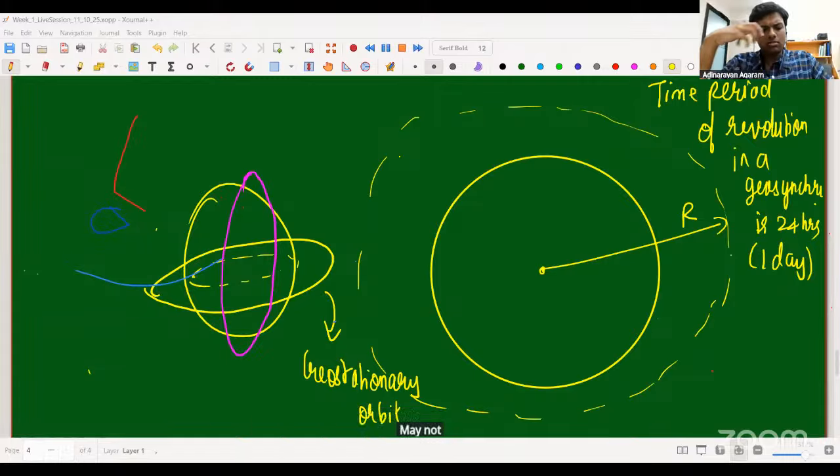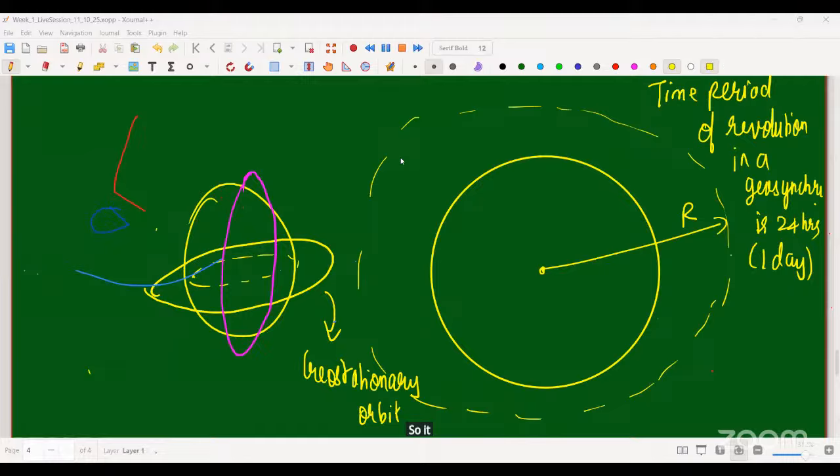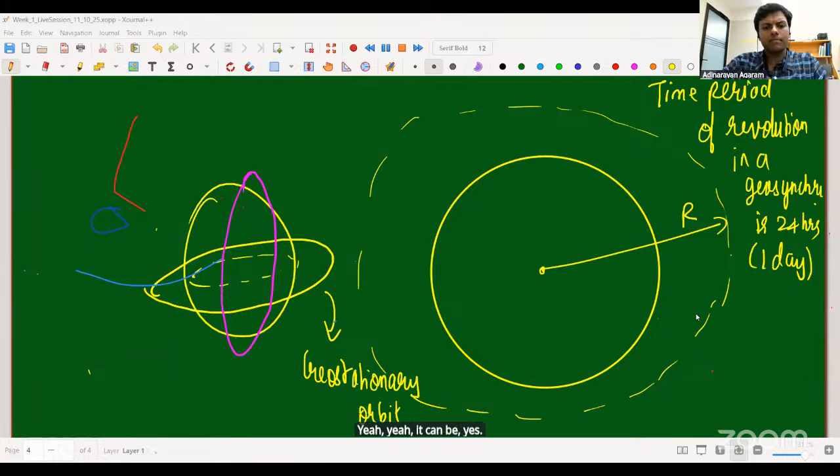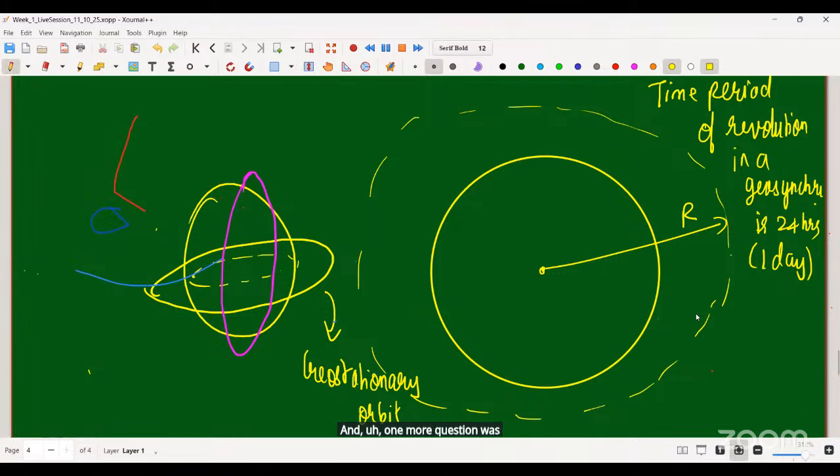Need not be. So it could be like a pretty tilted one also. Yeah, it can be. Yes. You just have to make sure that the time period is the same. That's all.